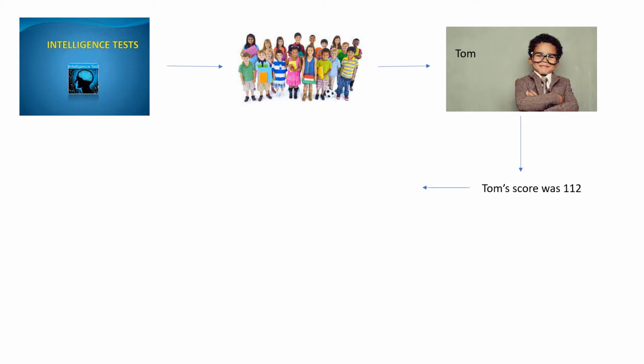Now, if the SEM associated with the IQ scores in this group was equal to 4, then we would build an interval for Tommy by adding 4 and subtracting 4 from his score, that is 112. So the confidence band, or the interval which helps us interpret Tommy's IQ, would be between 108 and 116. That is 112 plus 4 and 112 minus 4.